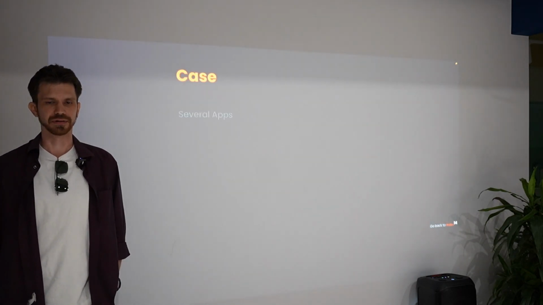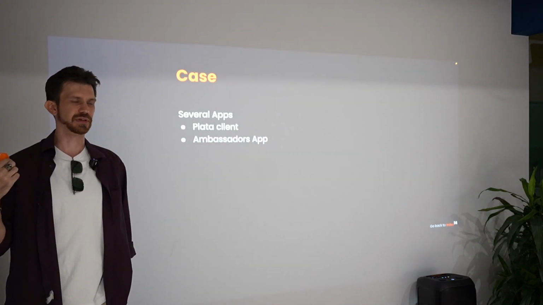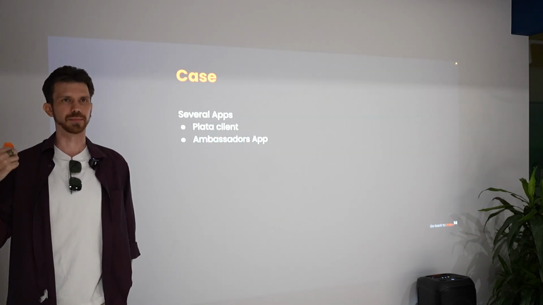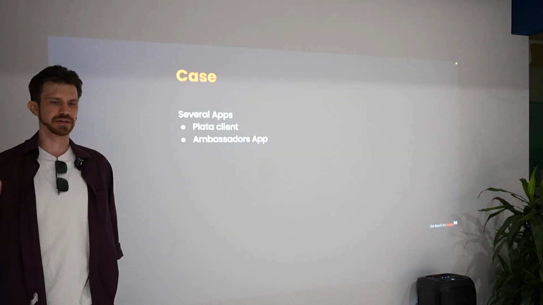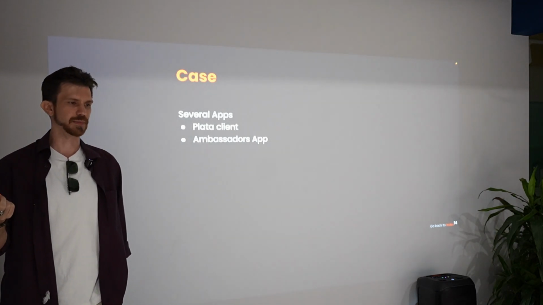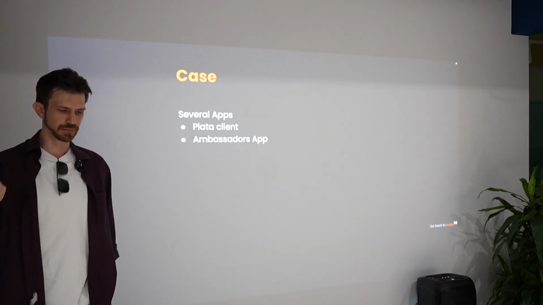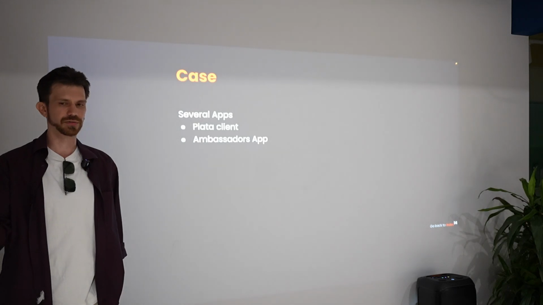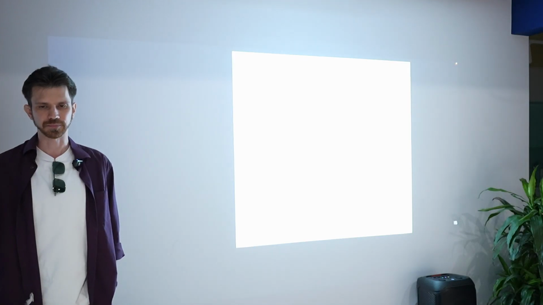Now, our real-life scenario. We have several apps in PlataCard. We are a banking app, so we obviously have a banking client. Now we have an ambassadors app as well. It's our delivery guys who deliver cards to clients. And also we have a design system, UI kit.